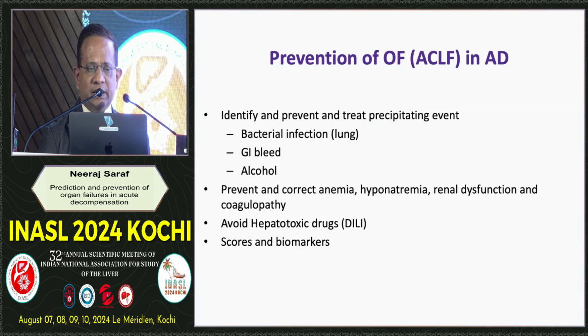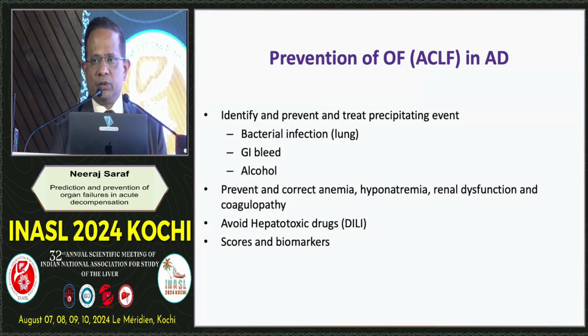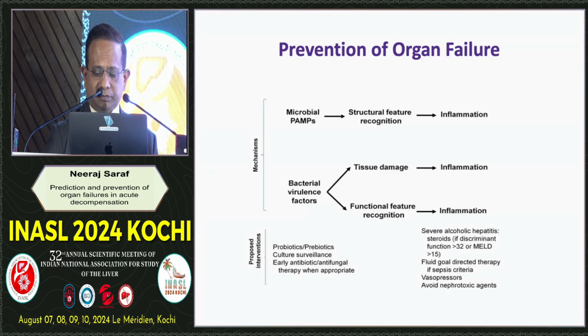And like many other studies showed, you need to correct anemia, hyponatremia, renal dysfunction, and coagulopathy, and of course avoid hepatotoxic drugs. So prevention is basically what we really do in day-to-day clinical practice, is identifying the precipitants and trying to decrease them or treat them.